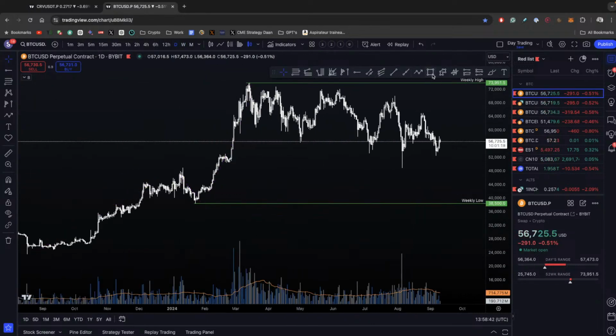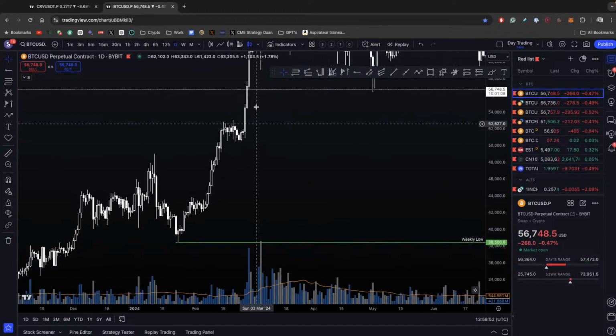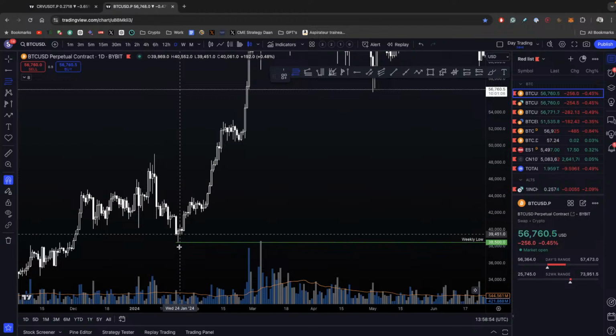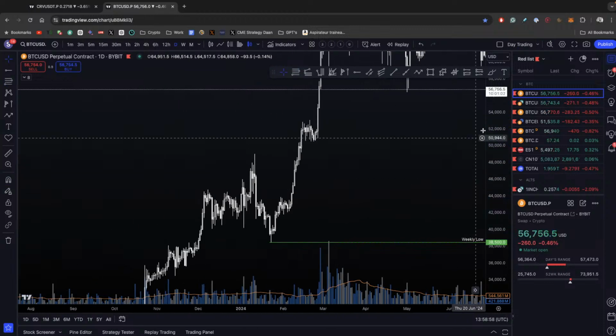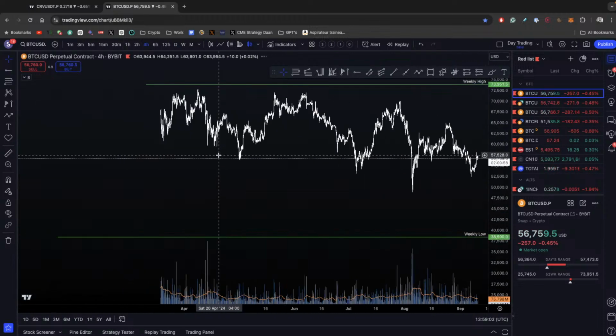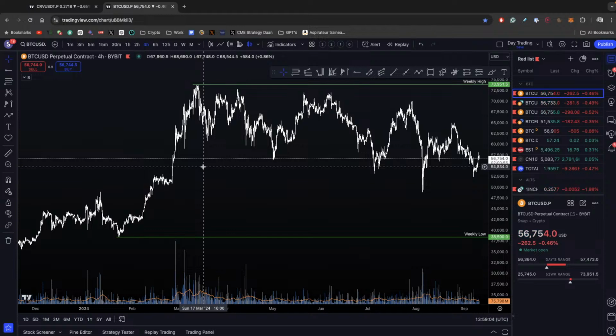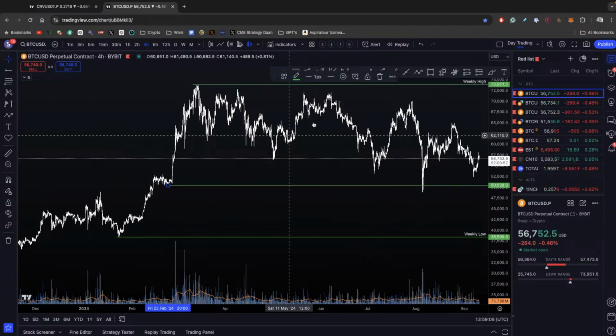And then the daily would be this. Or maybe the 4 hour. Yeah, I wouldn't consider this daily. Let's say 4 hour. Doesn't really matter. It's definitely market structure.